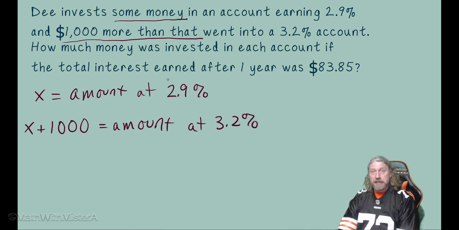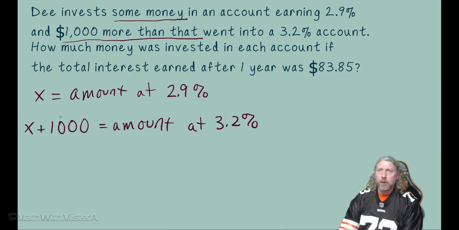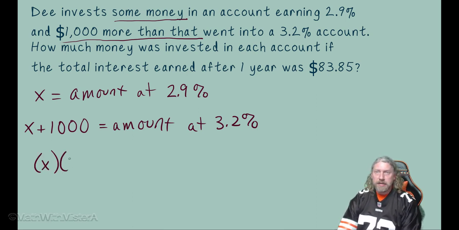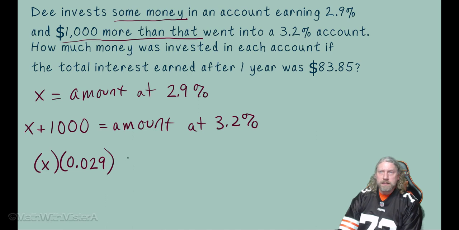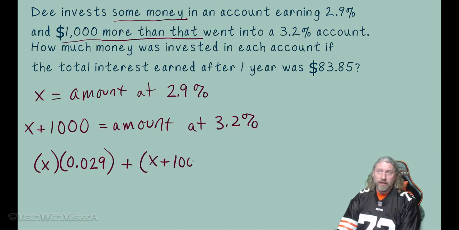Now let's build that equation where we're making the calculations for interest, the principal times the interest rate as a decimal. So in the first account, we have X for the principal with an interest rate of 0.029. That's the 2.9%. In the second account, we are investing X plus 1,000.